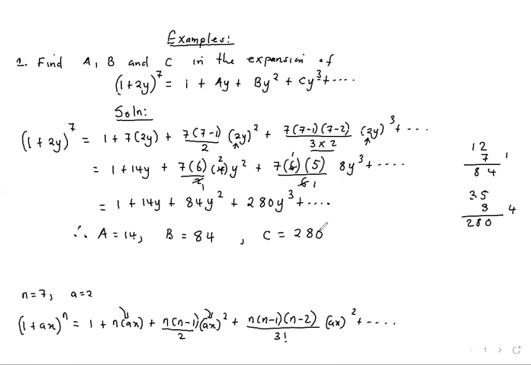That's how this question ends. Sir, change the board. Here you've said n is equal to 7 and a is equal to 2. Where is that 2 coming from? No, I mean, in this question compared to this expansion. Oh, okay.